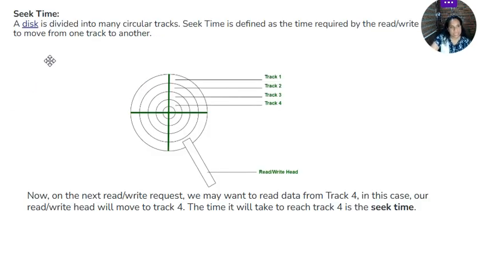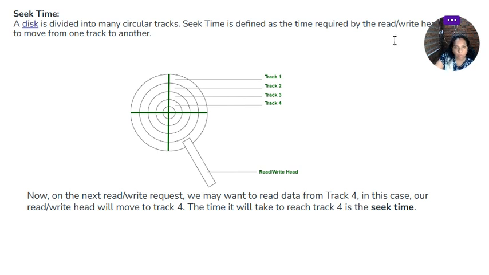Now next is the seek time. A disk is divided into many circular tracks, and these tracks are further divided into sectors. The seek time is defined as the time required by the read-write head to move from one track to another. Right now we can see that the read-write head is at track 4.